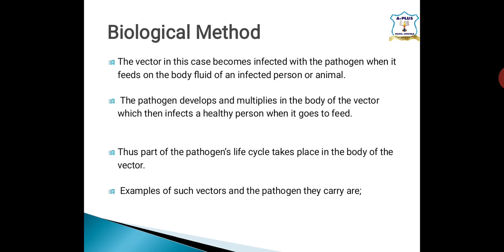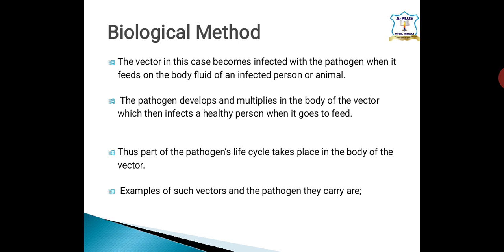Now, for example, you have two people living in your room, and one of the persons has malaria. That means he has plasmodium in his body system. Now, if a mosquito bites that person, the mosquito becomes infected, and then bites the other person that is not having malaria.